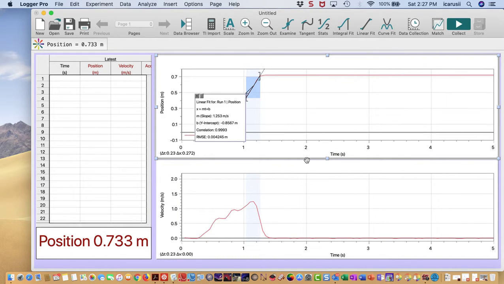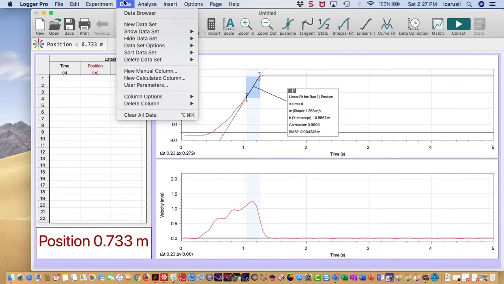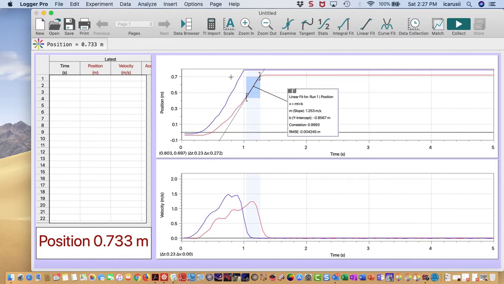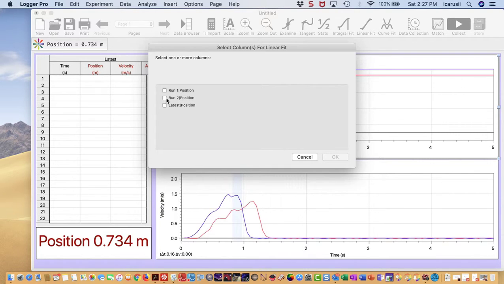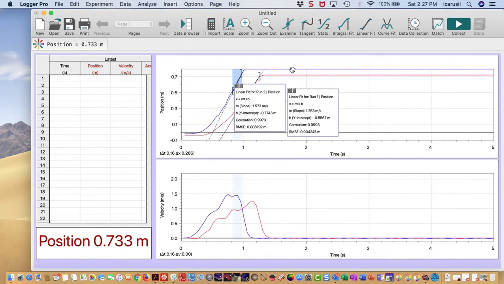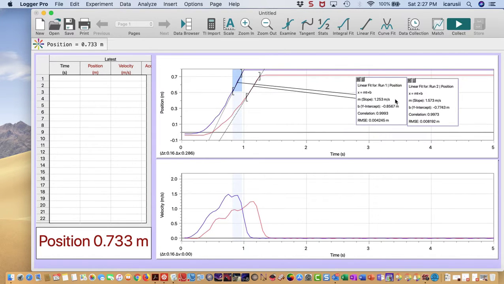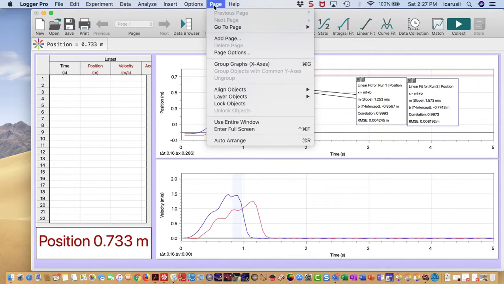And I'll do this for each of these runs. So 1.25. Again, linear right about here. 1.57. So I'm going to pull these all the way over so we can get a good clear view.